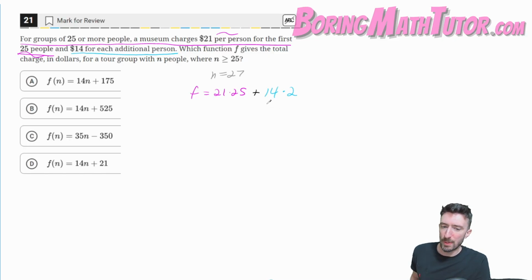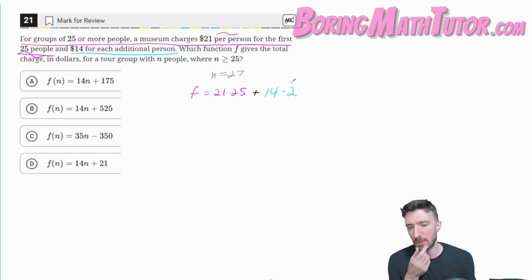Okay, but I just pulled a number out of thin air. So how could I have done this without having to do what I did? Well, what I can do is say to myself, this 2, I could have gotten that by just doing 27 minus 25.